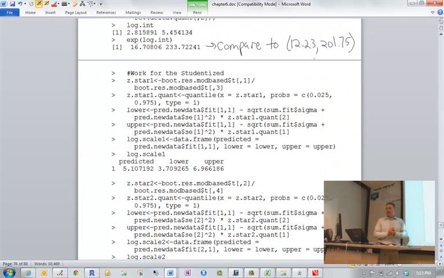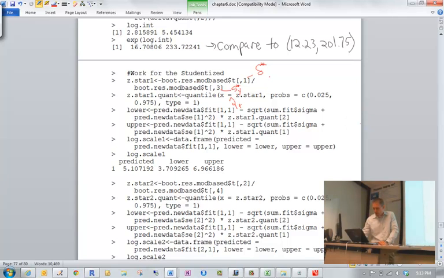What about a studentized interval? Well, I take my delta star divided by my sy star, which happens to be the third column, when I have my x plus equal to 52.16. I find my corresponding quantiles, and let's just find the lower limit and upper limit, as you would expect.